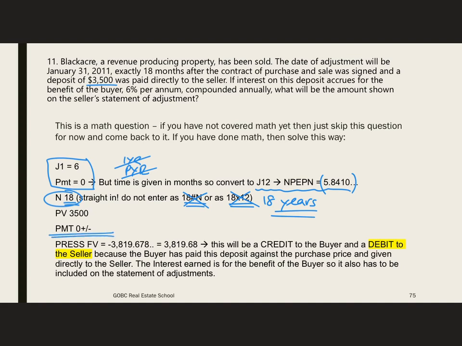Once you've entered your payment, then you press your future value and you get the answer of $3,819.68. So it's to the benefit of the buyer, right? The interest is to the benefit of the buyer. So you need to actually credit the buyer for the original $3,500, plus all of the interest that is accrued, which is included in this $3,819.68.